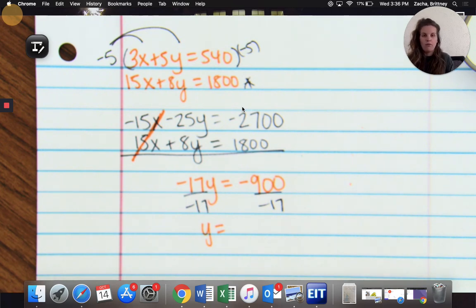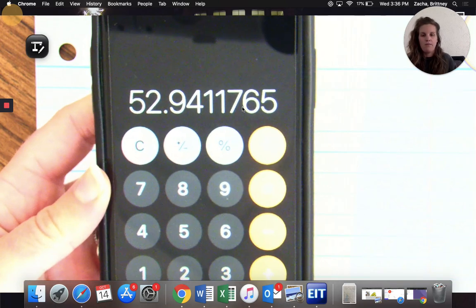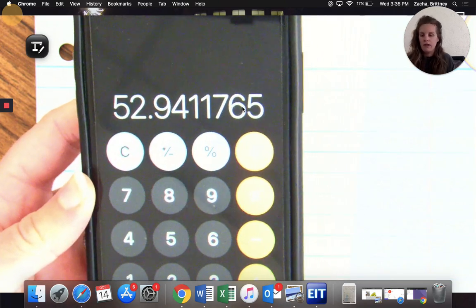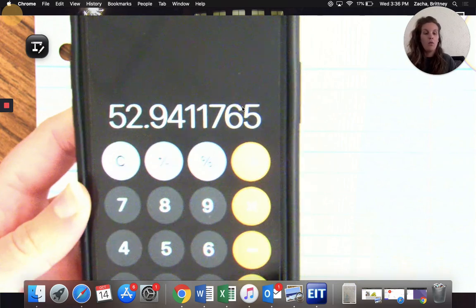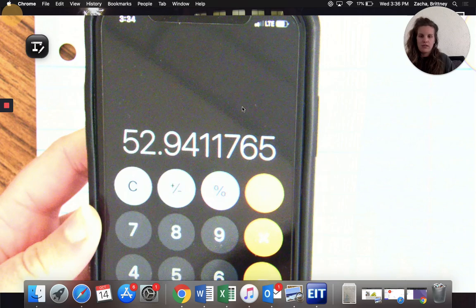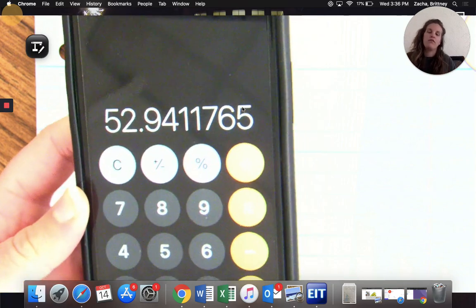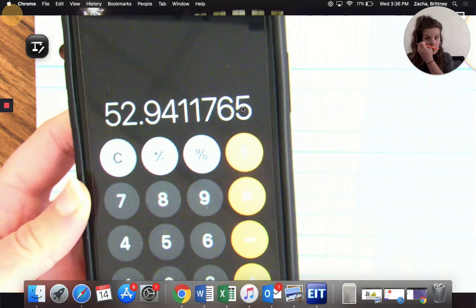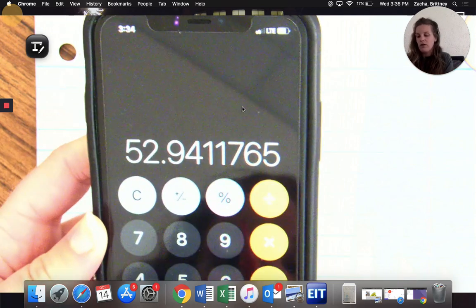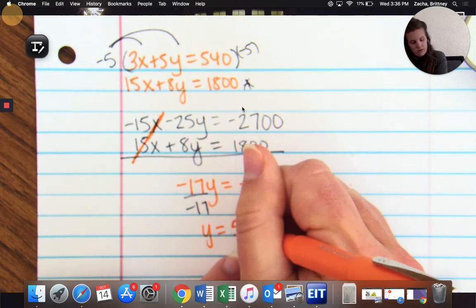But remember, my problem, I'm dealing with acres, so I can have like half an acre, quarter of an acre, I guess 0.941 of an acre, okay? If yours comes to a decimal like this and you're working with people or cups of coffee or horses or whatever, okay, go ahead and round out.